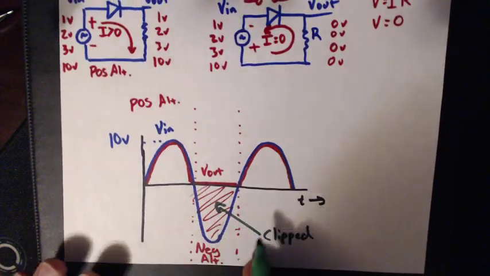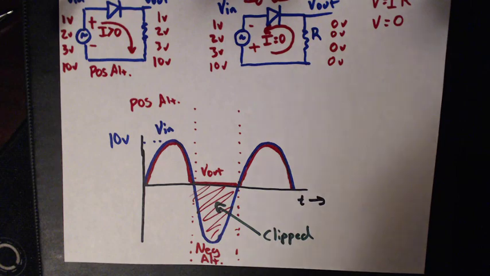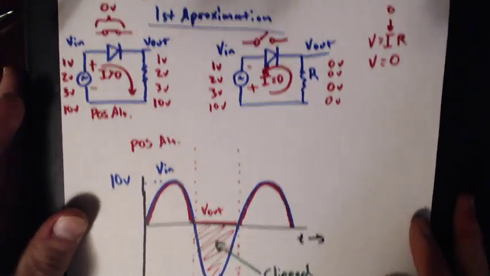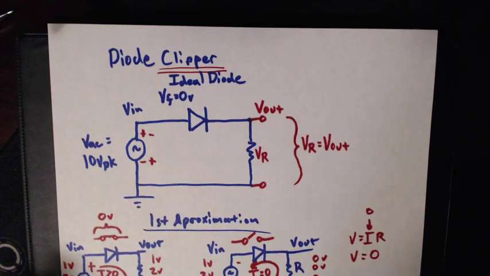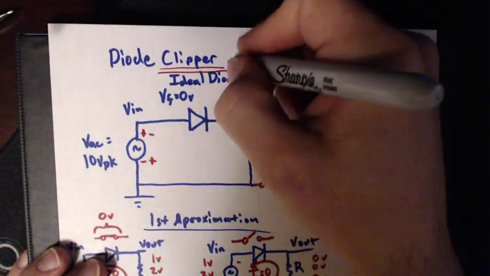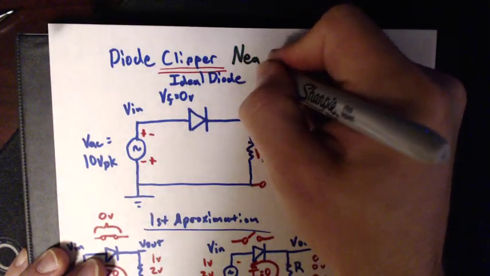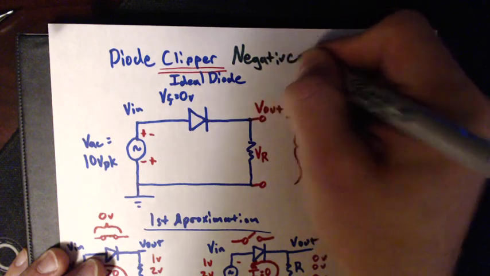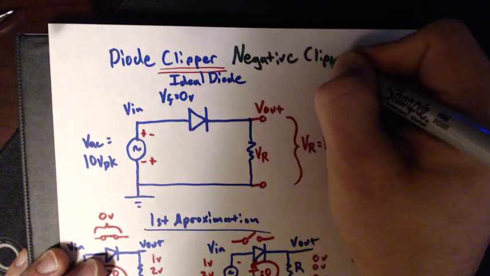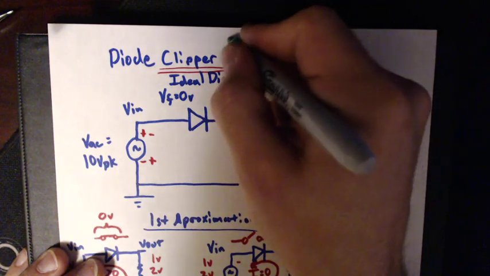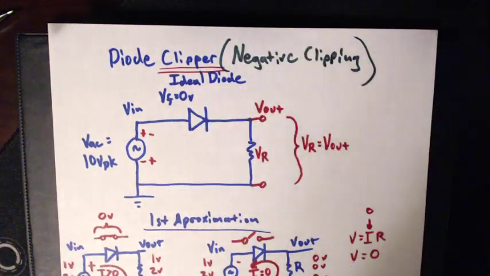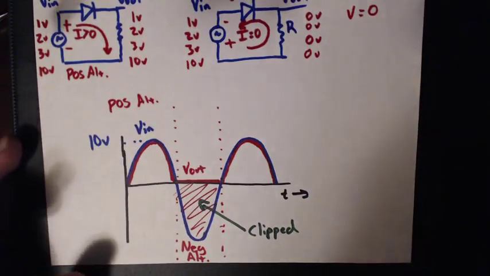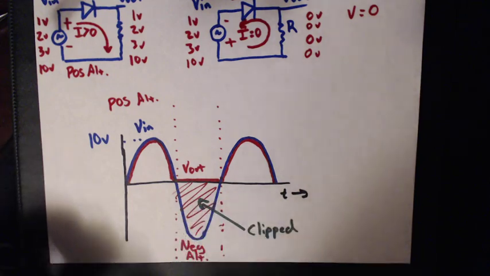Well, that actually is useful, but let's name this circuit a little further. Diode Clipper, negative clipping. Negative clipping because we're losing the negative portion of this waveform.